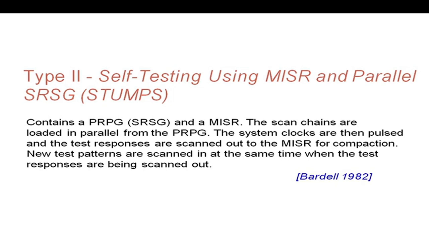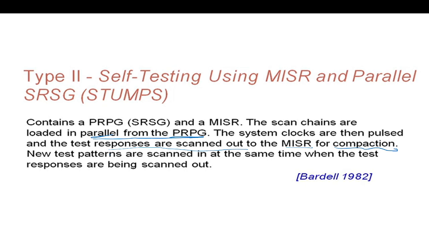Self-testing using MISR and parallel SRSG, which we call STUMPS, contains a pseudo-random pattern generator, an SRSG, and a MISR. The scan chains are loaded in parallel from this pattern generator. The system clocks are then pulsed and the test responses are scanned out to the MISR for compaction.